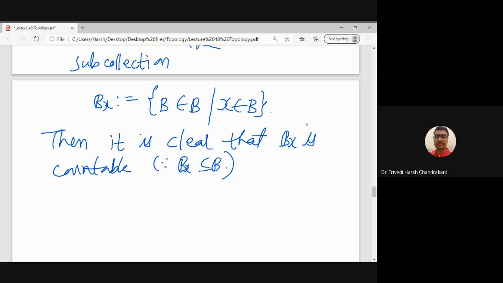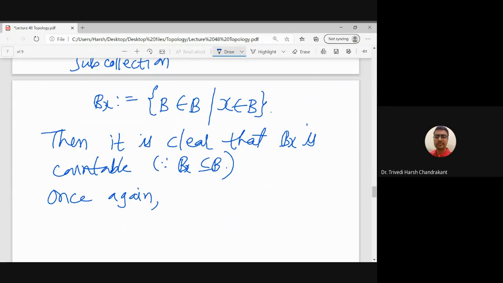And since B itself is a basis, it satisfies the basis condition. Once again, Bx is a subset of B for each x.